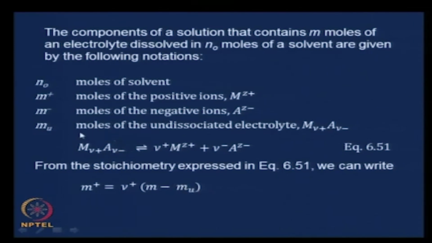If Mu is what is remaining here, M minus Mu must have converted to this, and 1 mole of this gives you nu plus moles of this, and therefore M plus equals nu plus into M minus Mu. Similarly, M minus would be nu minus into M minus Mu, equations 652 and 653.